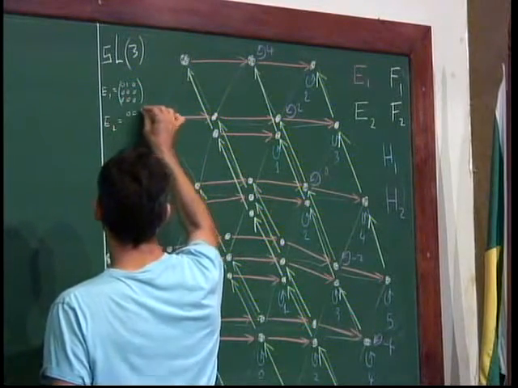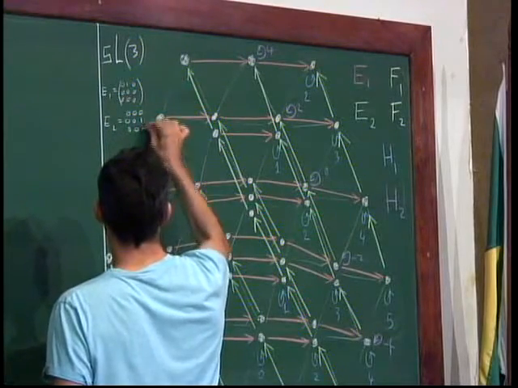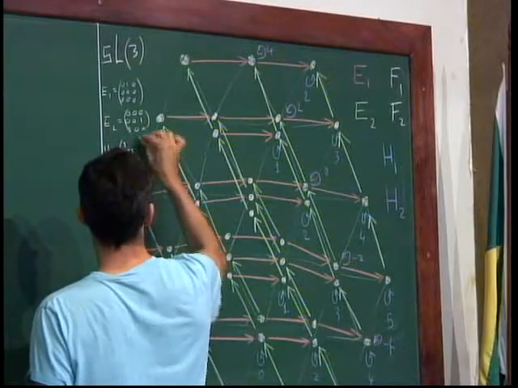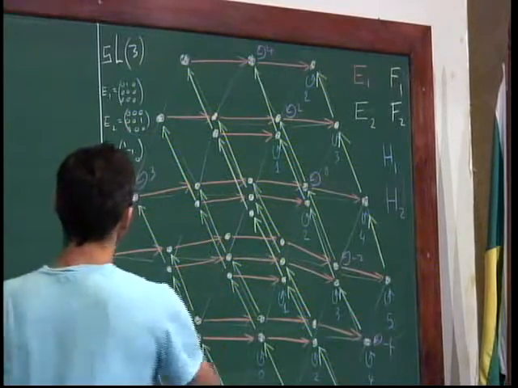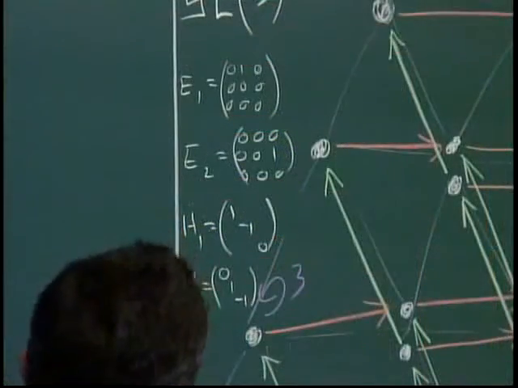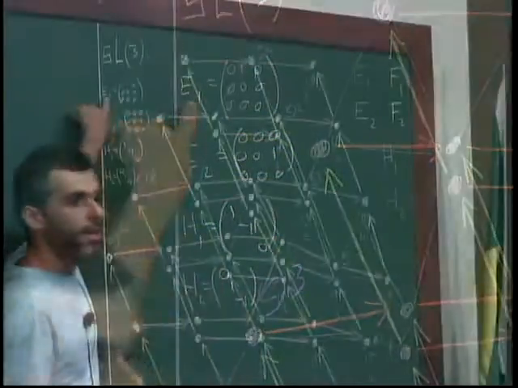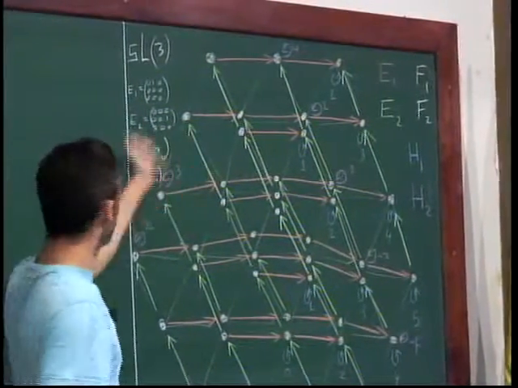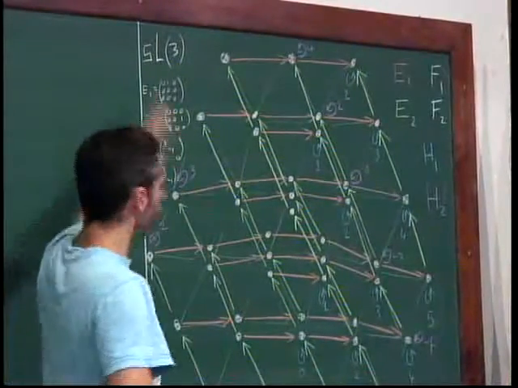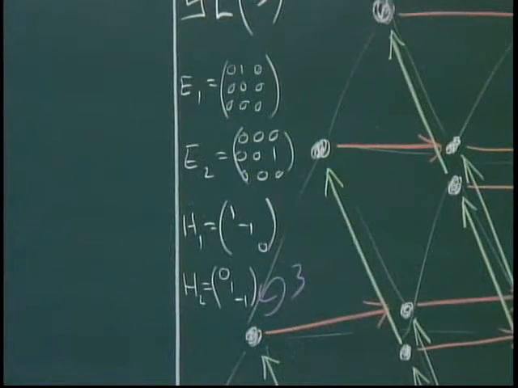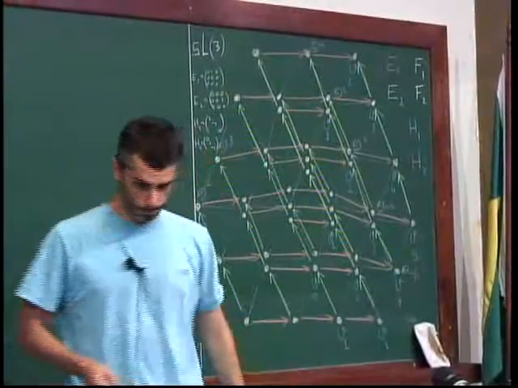E2 is 0, 0, 0, 0, 0, 1, 0, 0, 0. H1 is 1, minus 1, 0 on the diagonal. H2 is 0, 1, minus 1 on the diagonal. F1 is the transpose of E1, and F2 is the transpose of E2. So, if that makes you feel comfortable, here it is. But actually, I'm not going to use this description, because that's a description that does not generalize to the case of arbitrary Lie algebras.